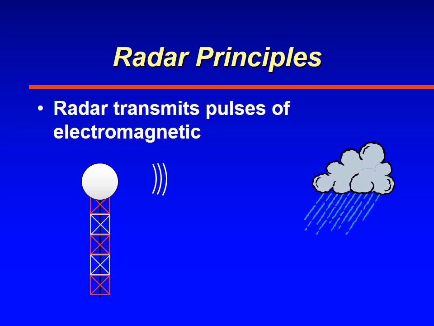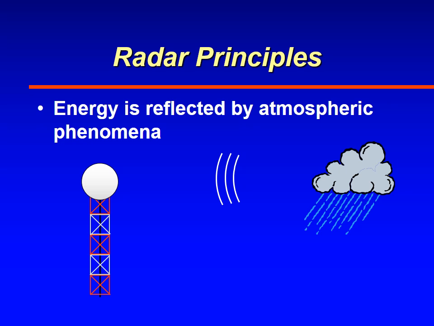That pulse of electromagnetic radiation travels through the atmosphere, strikes objects in the atmosphere, and then comes back. Actually, the energy is scattered in all directions, but what we measure is the backscatter energy.